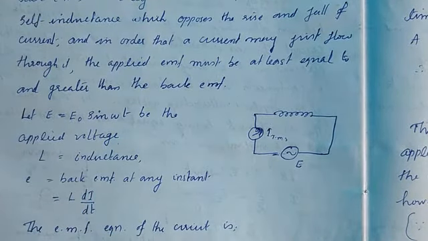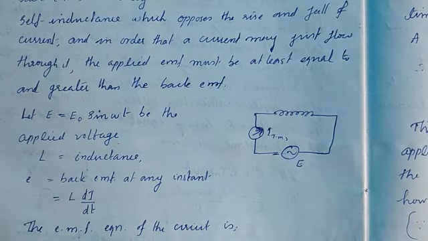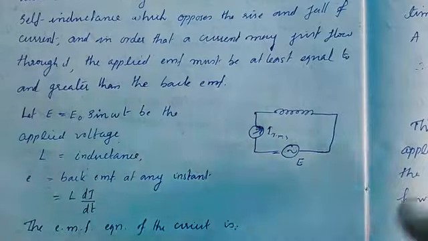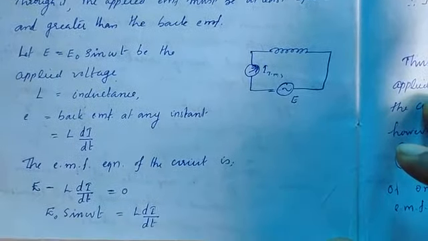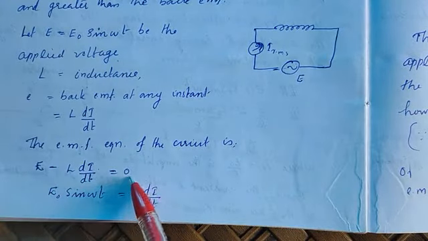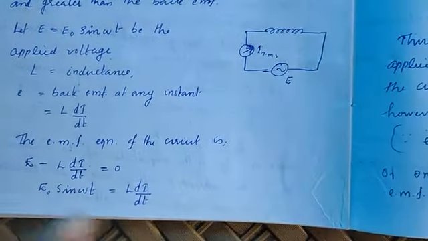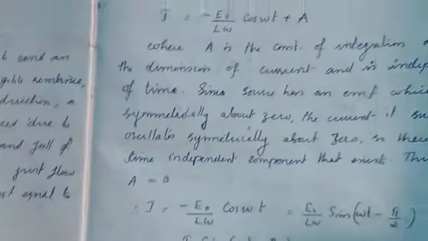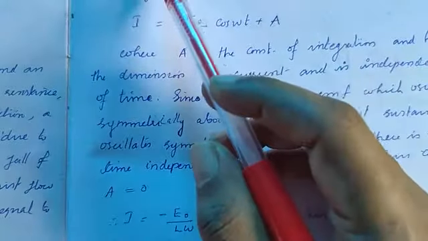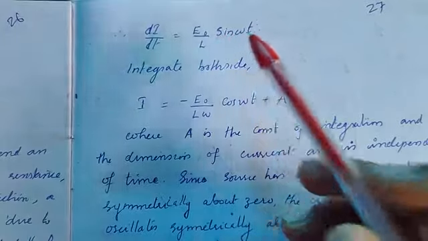So the total EMF in the circuit can be represented as E minus L into di by dt is equal to 0, because the applied EMF has to be greater than this back EMF in order to overcome it and flow through this circuit. So E minus L into di by dt is equal to 0. This can be represented as E0 sin omega t is equal to L into di by dt, from which di by dt can be represented as E0 by L sin omega t.